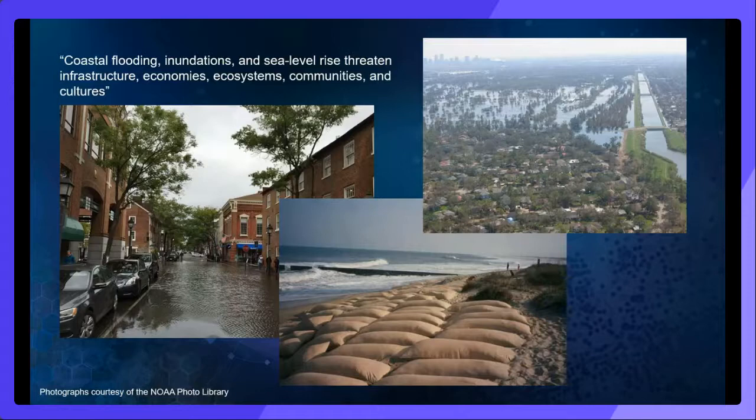You cannot manage or protect something that you don't know is there. It's our hope that the ECUs and the CSUs will provide, at least in some small way, a common language for describing coastal settings, and that these uniform descriptions will facilitate collaboration and cooperation on efforts to both protect and mitigate our coasts from the ever-increasing threats that they're facing.